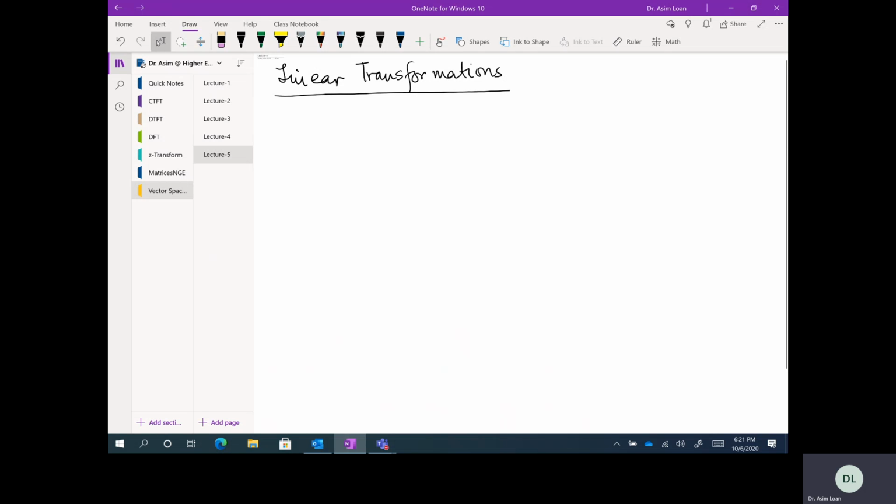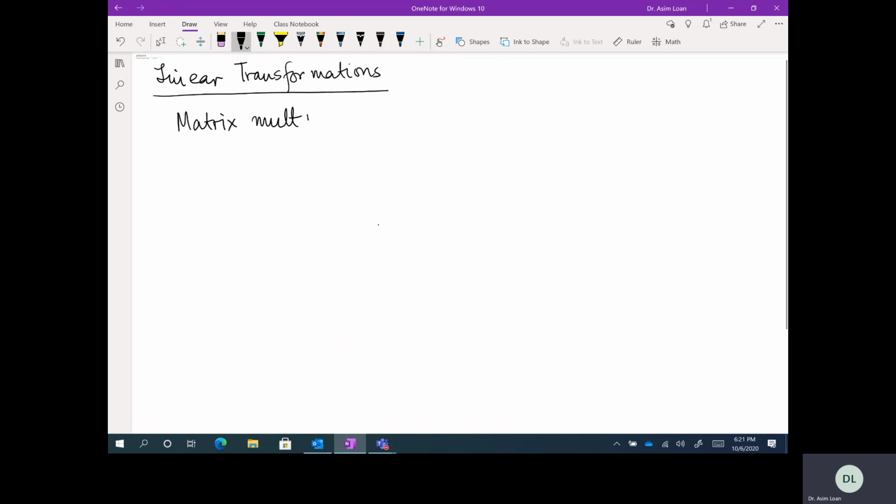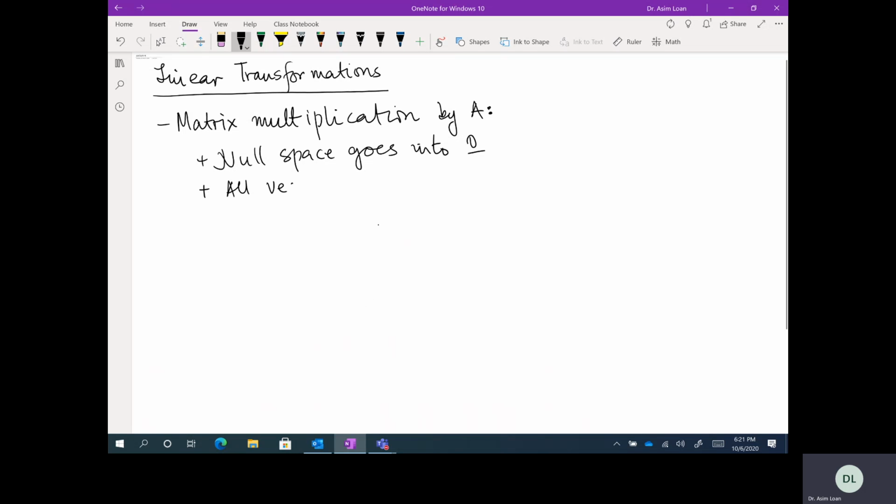Because Ax is a combination of columns of A. So matrix multiplication by A means the null space goes into the origin, and all vectors go into the column space.